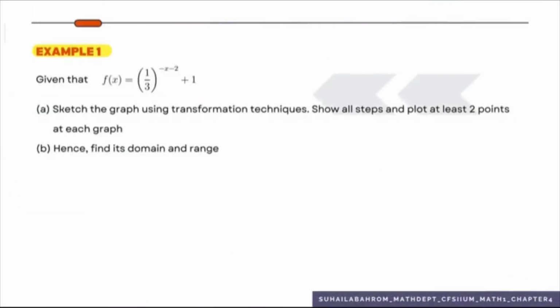Now let's look at example 1 here. Given the function f(x) = (1/3)^(-x-2) + 1. First we have to detect the transformation techniques that we have here, and before that, of course, the basic graph or the basic function. The basic function is y = (1/3)^x.